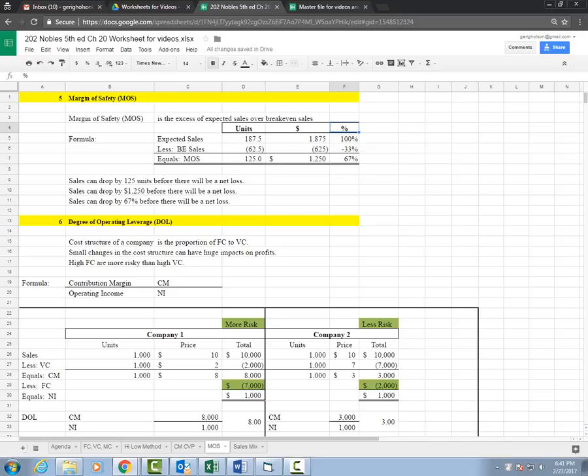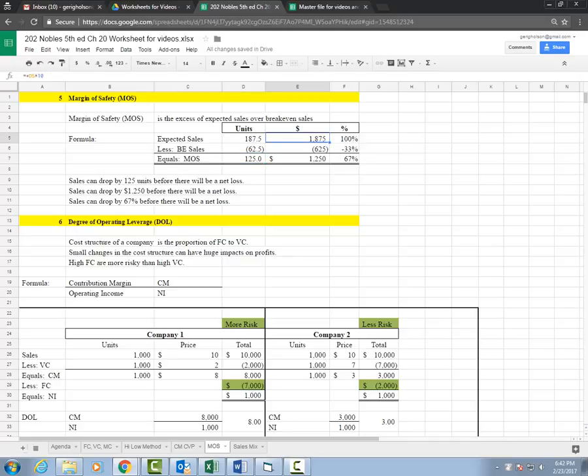So let's just say that our expected sales are 187.5 units. Our break-even sales are 62.5. So that means we have 125 units margin of safety. We have the sales dollars at $10 apiece.